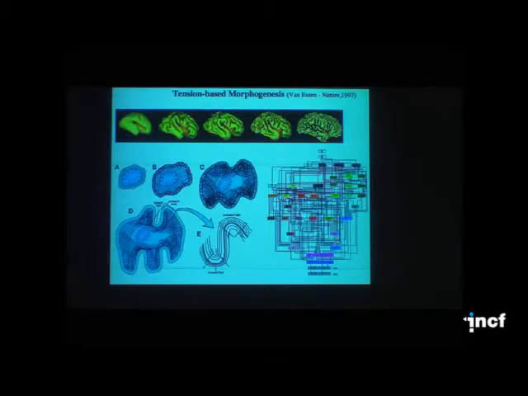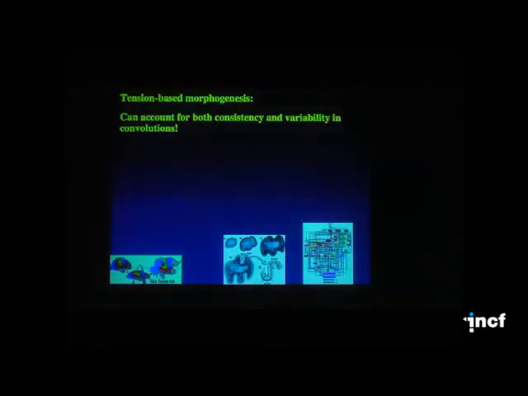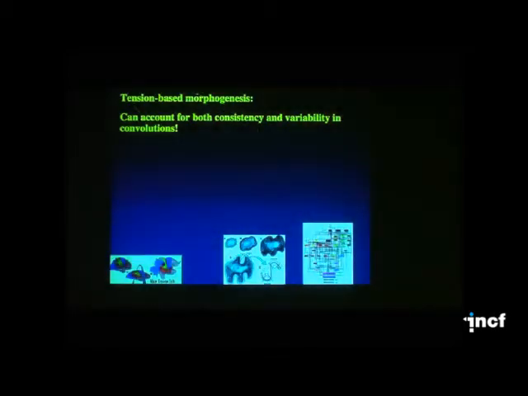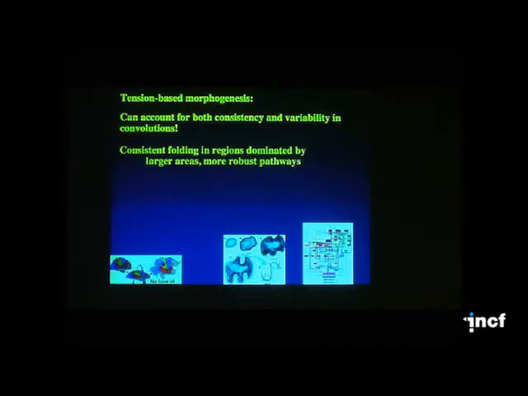And that coordinated axonal pulling, I hypothesize, can bring strongly connected regions together and let weakly connected regions form a sulcus in between them. And this one hypothesis can account for both the consistency and variability in convolution patterns.